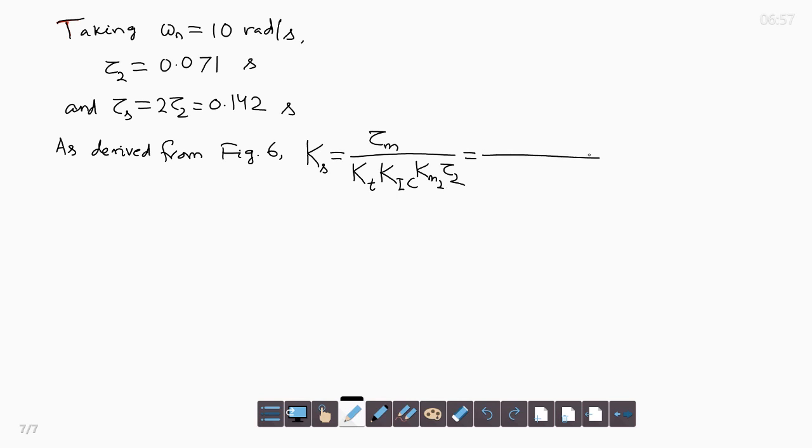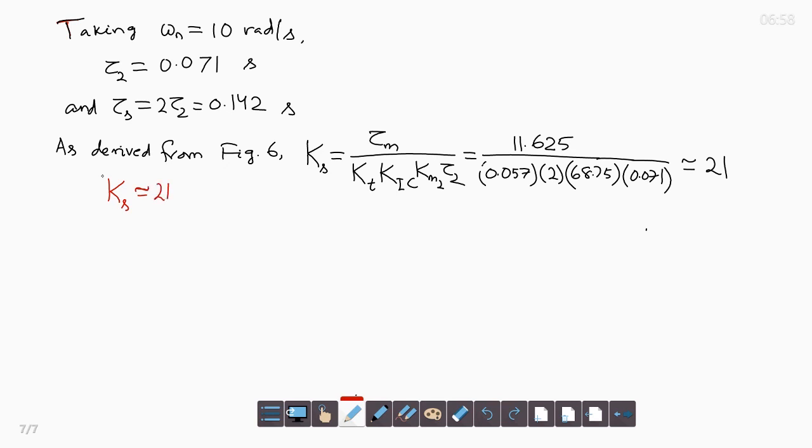Tau m is 11.625, Kt is 0.057, Kic is 2, Km2 is 68.75 and tau 2 is 0.071. So it is nearly equal to 21. So Ks is nearly equal to 21 and tau S is 0.142 second. So these are the PI speed controller design parameters.